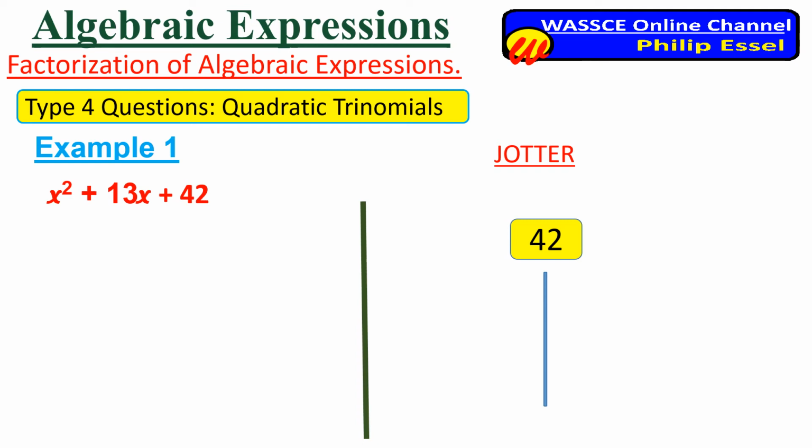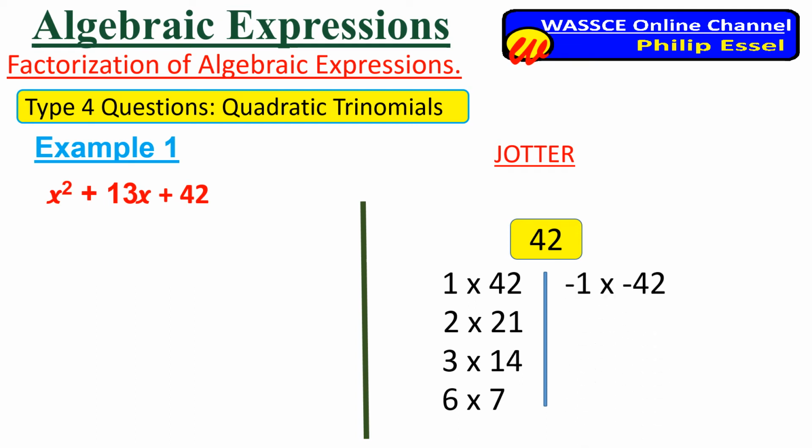First, 1 times 42 would give us 42. Next, 2 times 21 would also give us 42. Next, 3 times 14 would also give us 42. Next, 6 times 7 would give us 42.